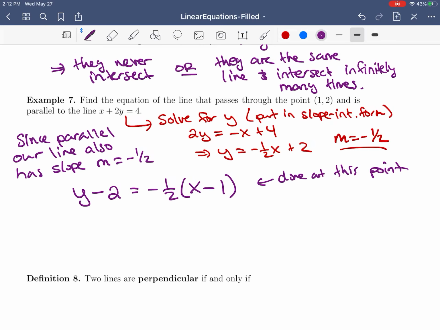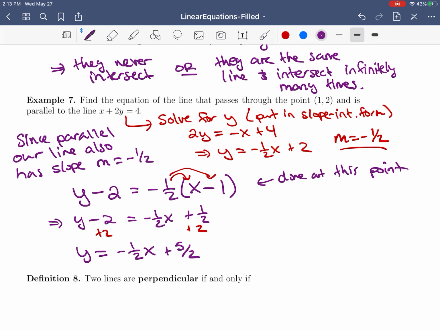If you want to put it in slope-intercept form, all we have to do is solve for y. So we would just simplify. This negative 1/2 has to go to both terms. So I get negative 1/2 x plus 1/2. And then I move the 2 over. I'm going to have y equals negative 1/2 x plus 5 over 2.